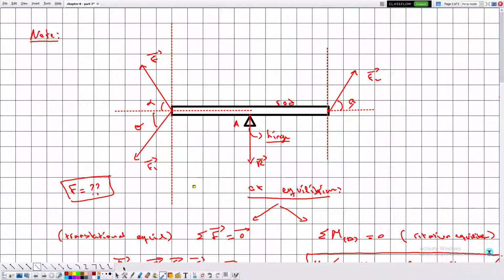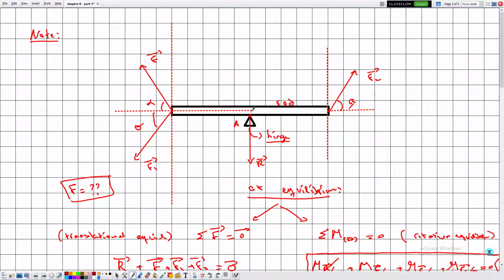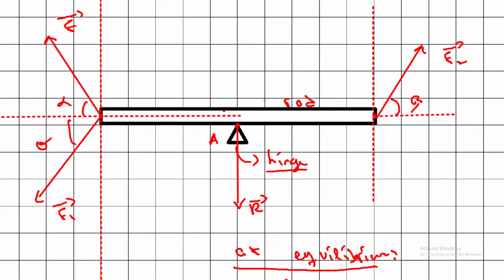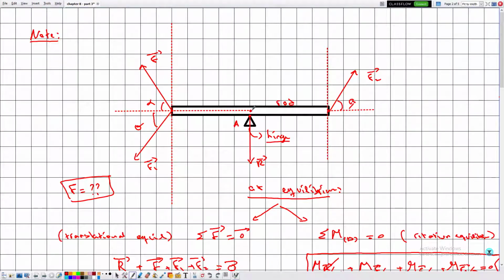We are considering the moment of the force F around the axis of rotation delta. Notice that we are considering this distance to be very small, so there is no distance here. All of these lines coincide with the point of rotation, so this is the axis of rotation, which is here. This is the center.